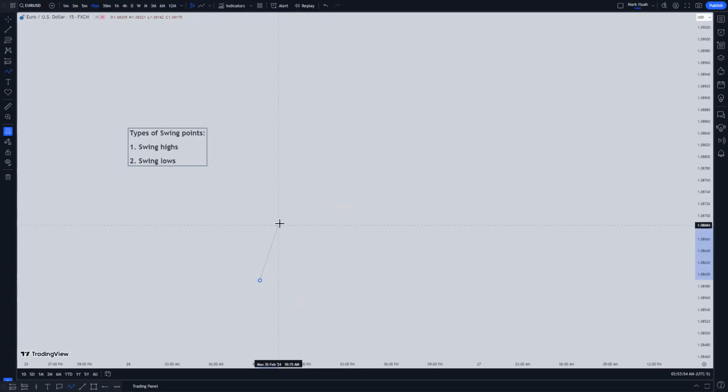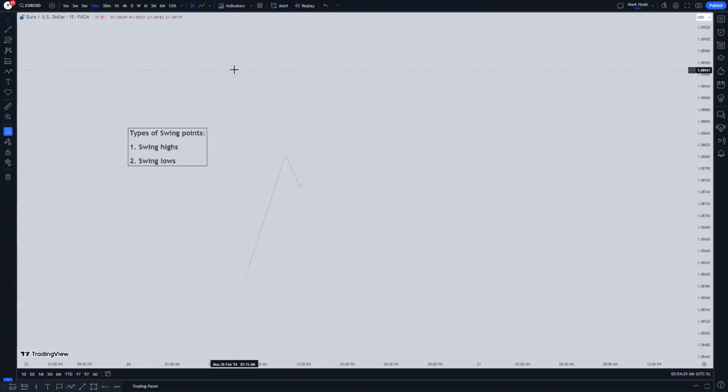Then at some point in time we have a bearish candle coming into play, which in my case is a red candle, since my red candles are my bearish candles. At the point where we have a pullback on that red candle, this literally forms a swing high.